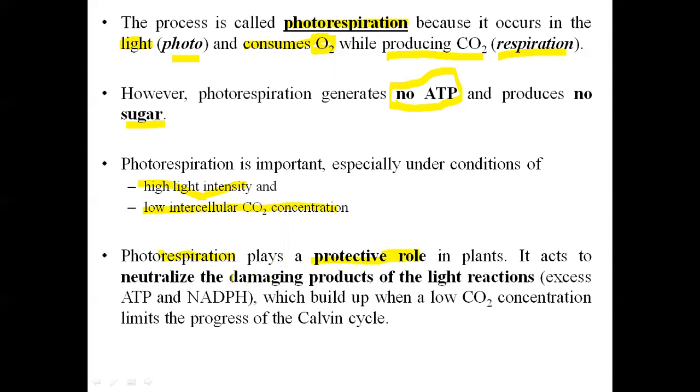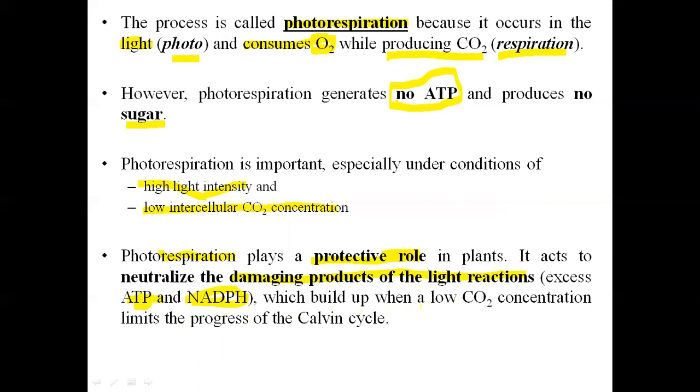It neutralizes the damaging effects of the products of the light reaction. And what are these products? These are ATP, which will be continuously generated, and NADPH. So the plants need to have some alternative mechanism to use this excessive ATP and NADPH.